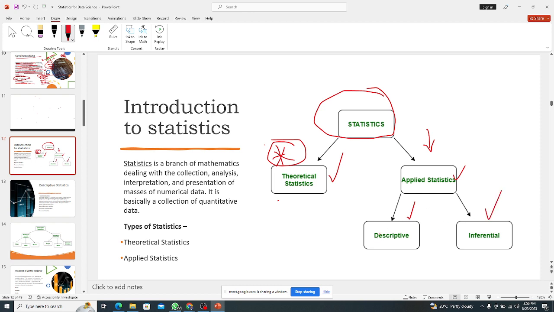Okay, so under descriptive statistics, we said we have three major measures. That is measures of central tendency, where we are talking about mean, mode, and median, the three M's. Then the second is measures of variability, which talks about variance, standard deviation, and covariance.